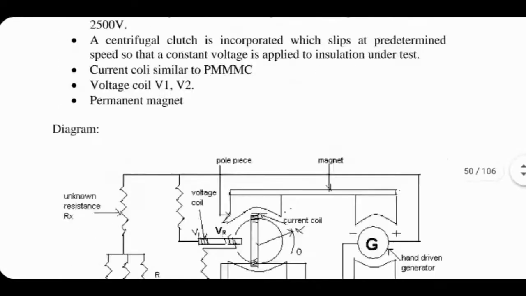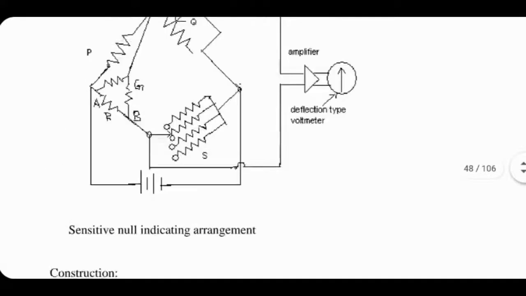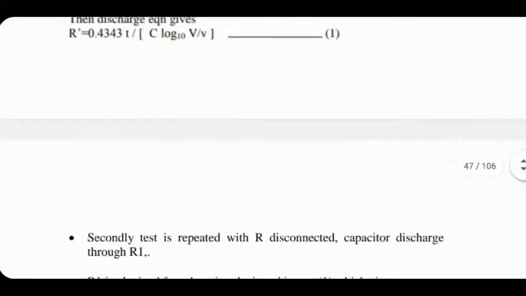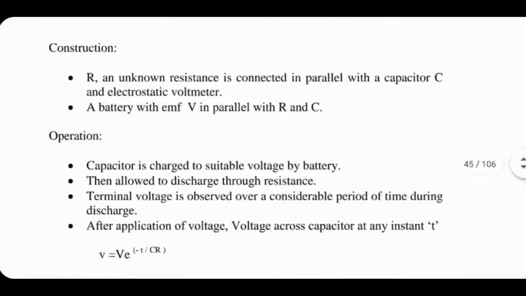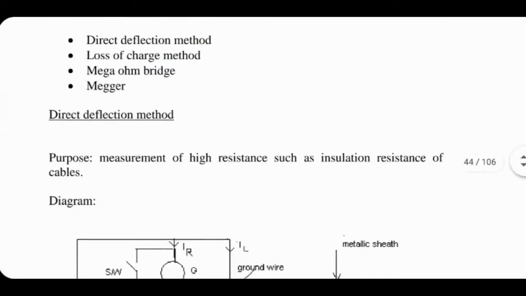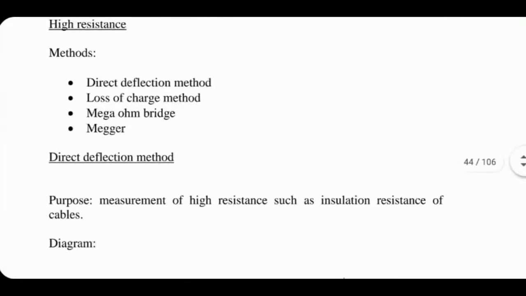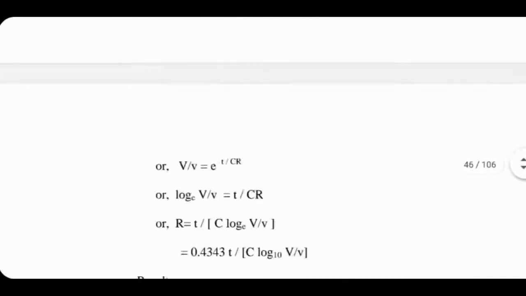So the important thing for you to know is the 4 methods, their names and their advantages and disadvantages. Let me reiterate those 4 methods again: loss of charge, direct deflection, megohm bridge, and Megger. Megger is probably the most popular method for measuring high resistance.